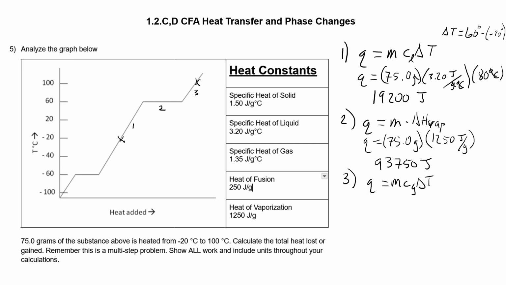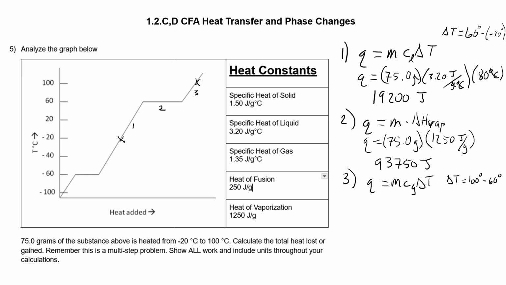Let's do our delta T calculation again for the top part. We're going to end up at 100 degrees, that's our final temperature, minus the transition temperature, where it transitioned from liquid to gas, which was 60 degrees. So our delta T is 40 degrees.